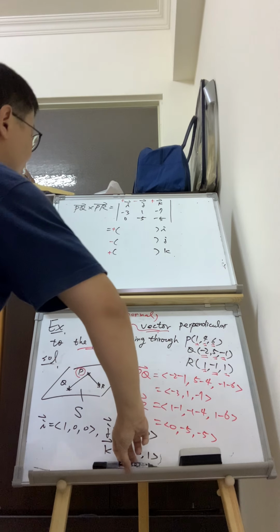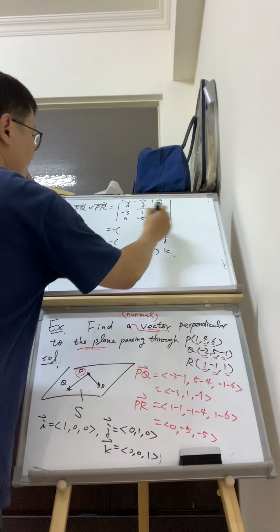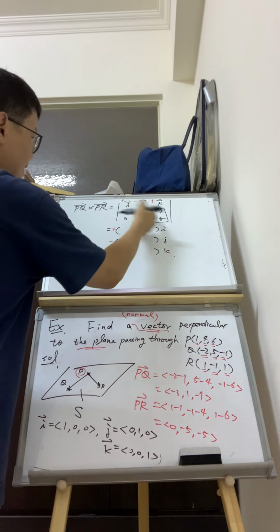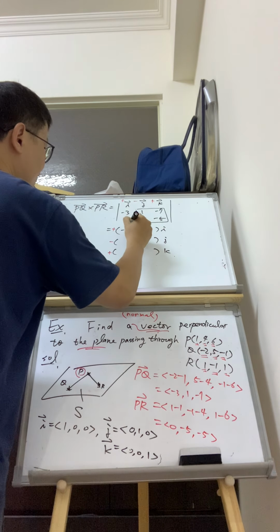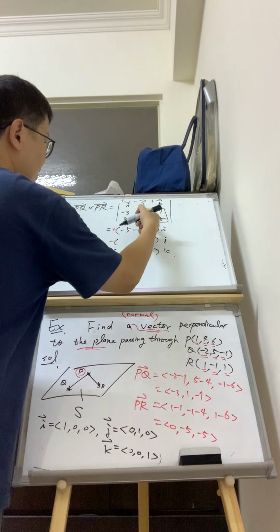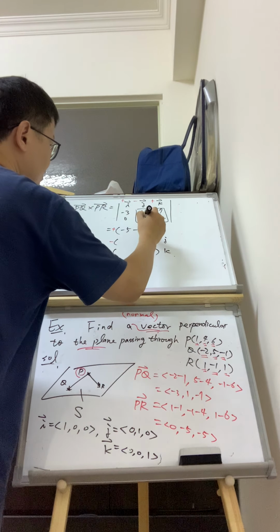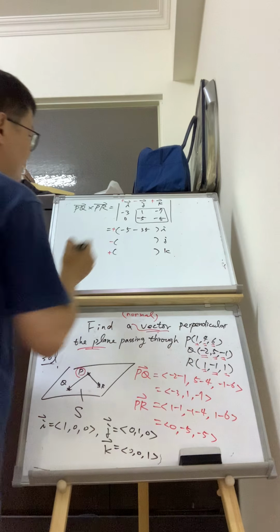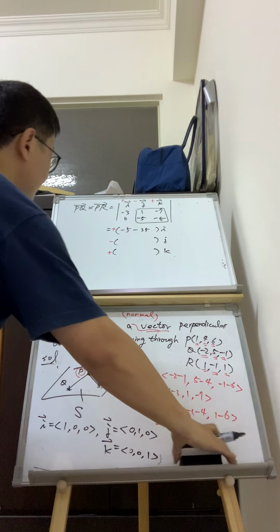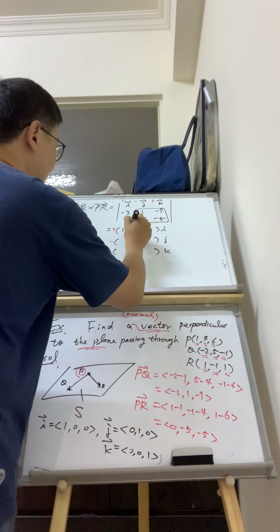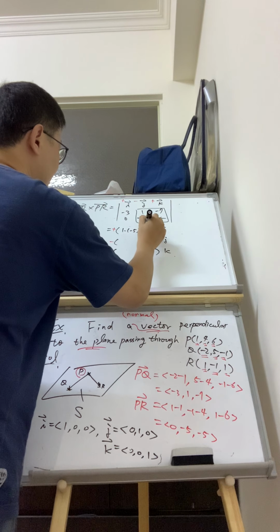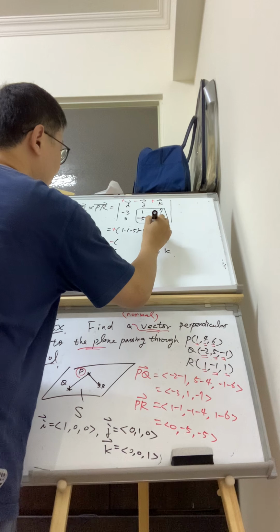For i, we consider the 2 by 2 submatrix and its determinant. So it's 1 times negative 5 subtract negative 7 times negative 5.